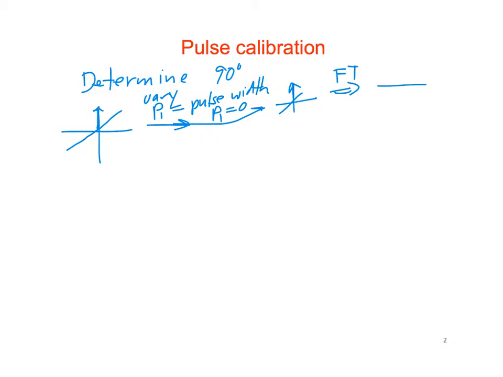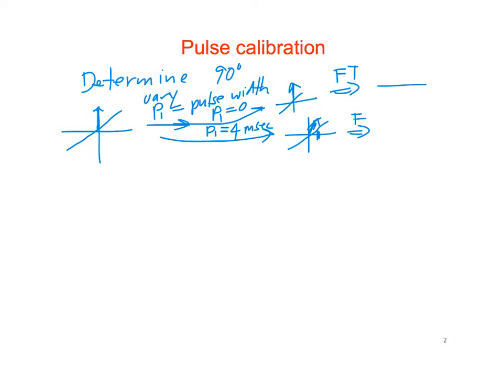Let's just say we go to P1 equals, say, 4. I think these are in milliseconds. That tips it down a little bit, so there's some amount of signal in the xy plane.